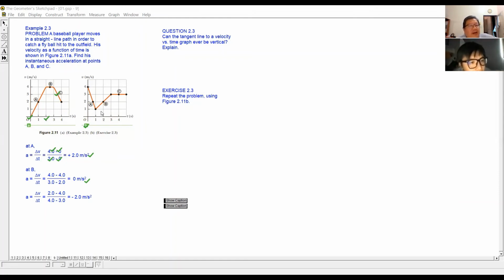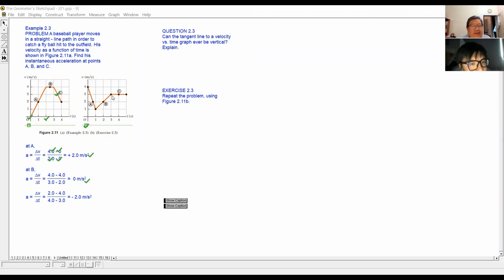Now what's the instantaneous acceleration at point B? 3 minus 1 over 3 minus 1, which is 1. It's positive 1. So positive means the velocity is increasing. Acceleration is positive, velocity is increasing.